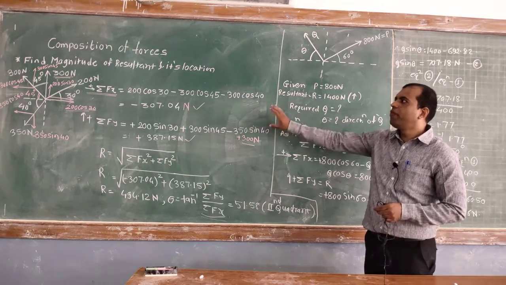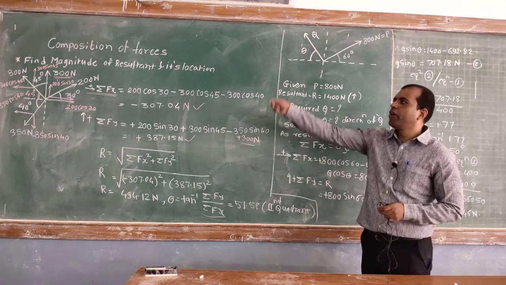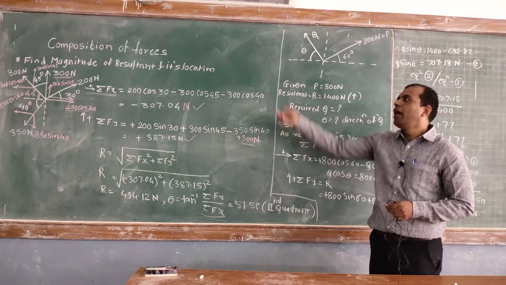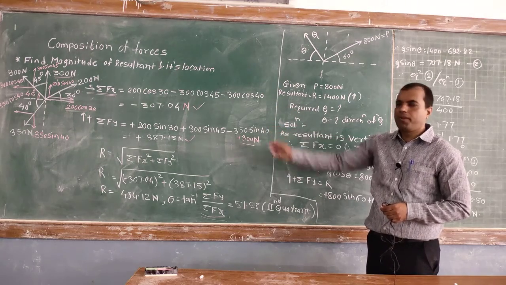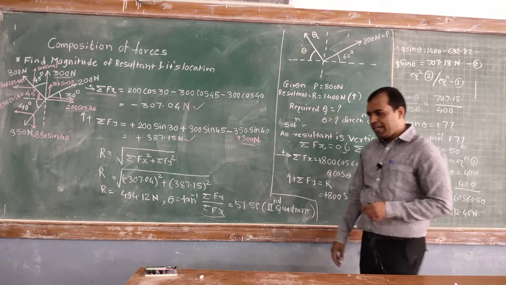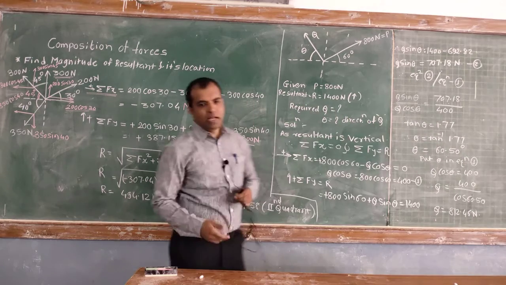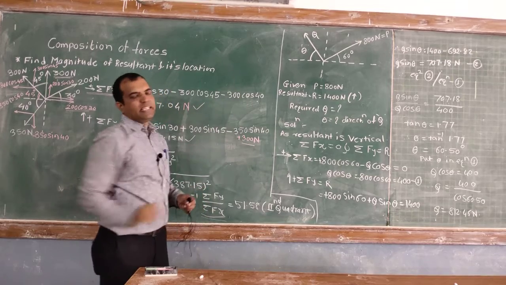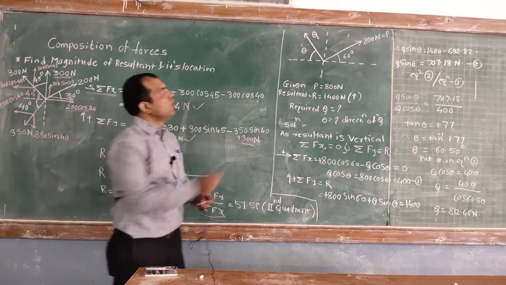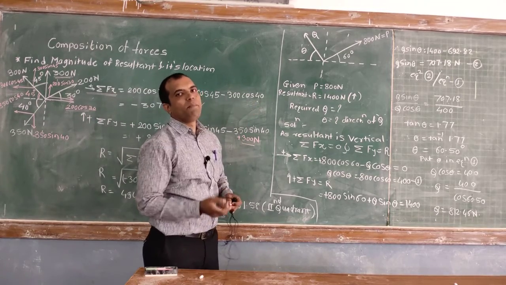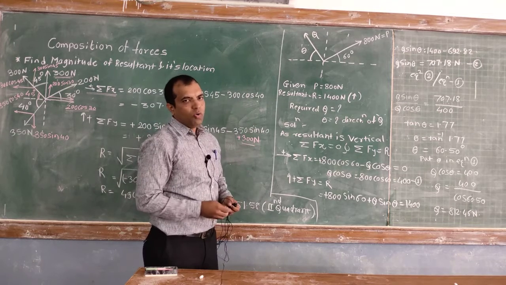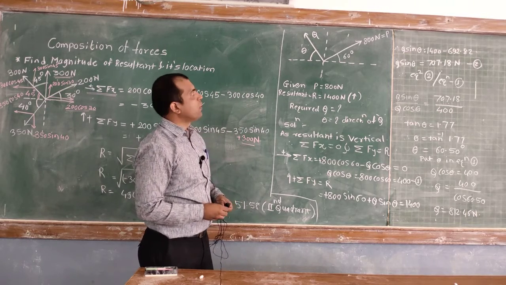So this is a problem where we find the resultant of the system of forces by resolving the forces and taking their summation algebraically. Then the next problem we are going to solve is different compared to this. In this problem, the resultant is given and they have asked you to find the value of its component, that is Q, and the angle made by this force Q with respect to horizontal.